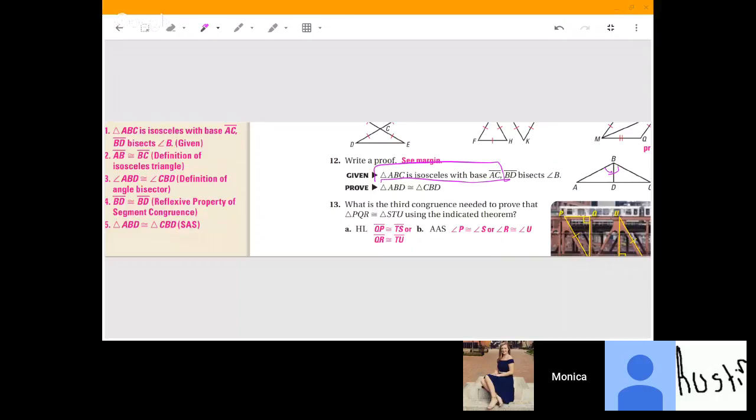Well, it doesn't tell us that D bisects AC because it's telling us that the whole big triangle is isosceles. So if it has the base AC, yeah, then we know AB is congruent to BC. So that would be another step we could write down. AB is congruent to BC. And that would be the definition of an isosceles triangle.